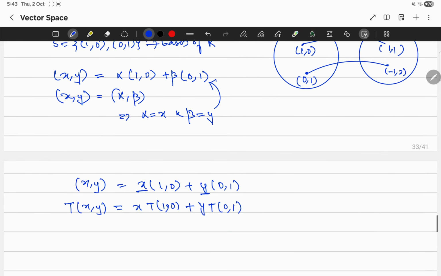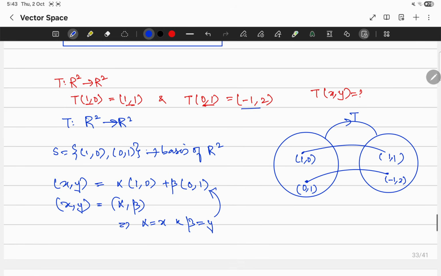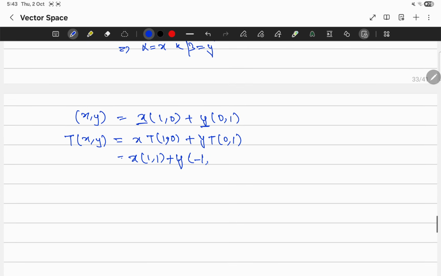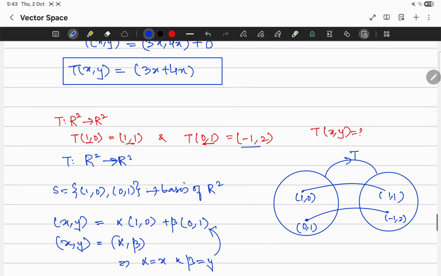So now T(1,0) is (1,1), so it is x times (1,1) plus y times T(0,1), which is given as (-1,2). So you will get (x minus y, x plus 2y). This is the linear transformation which can transform these types of vectors.